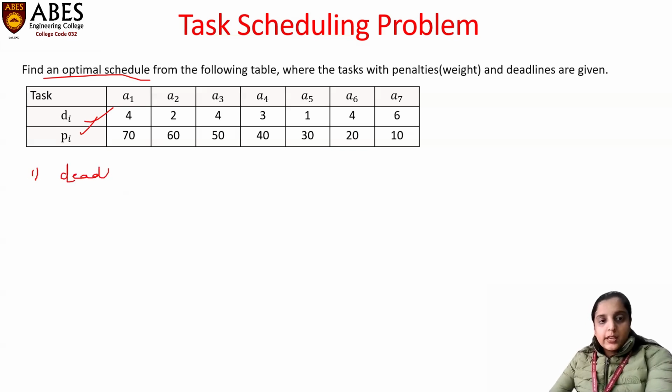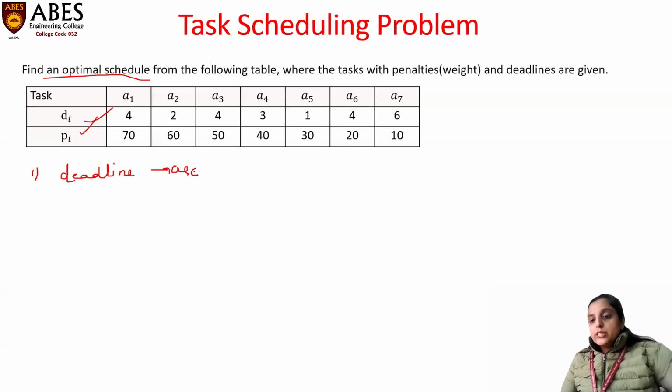Meaning we should arrange our tasks as per deadline in ascending order. For example, your faculties have given you some assignments, and one faculty has set the deadline as Monday, another faculty has asked for Tuesday, then Wednesday, Thursday, Friday, and so on.